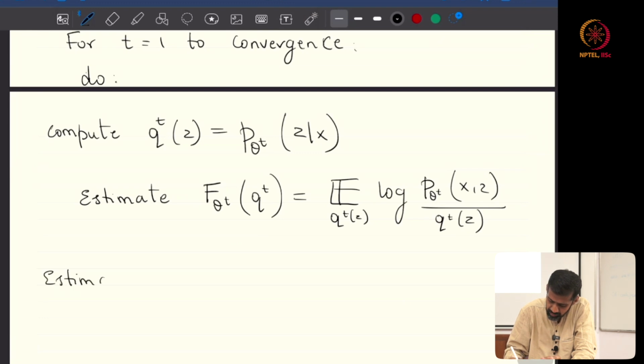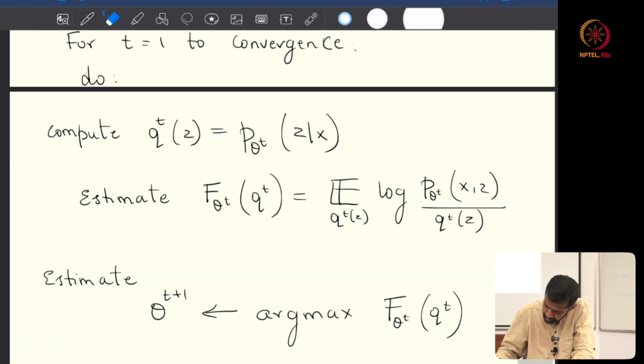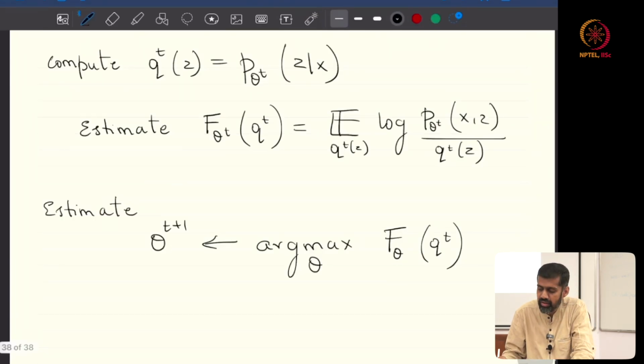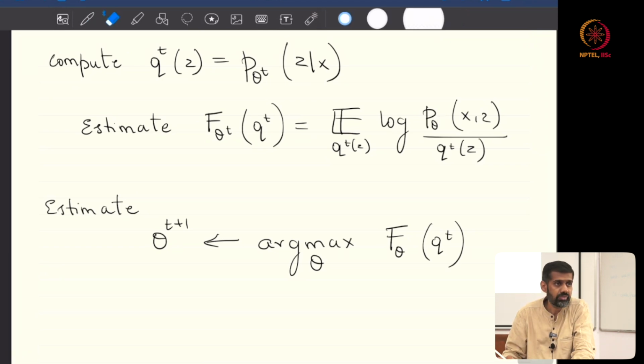Estimate theta t plus 1 to be the maximum over theta. So this should be theta, yeah, it's a function of theta.